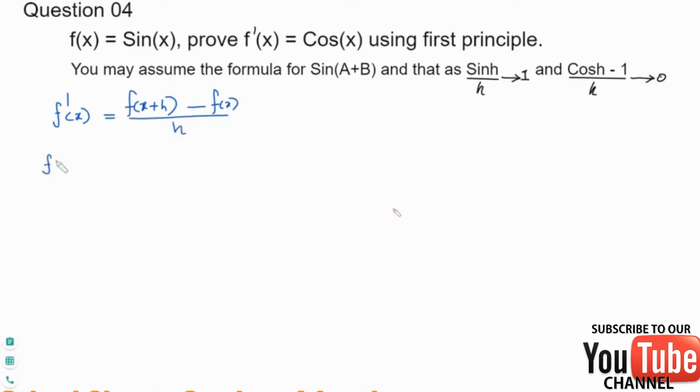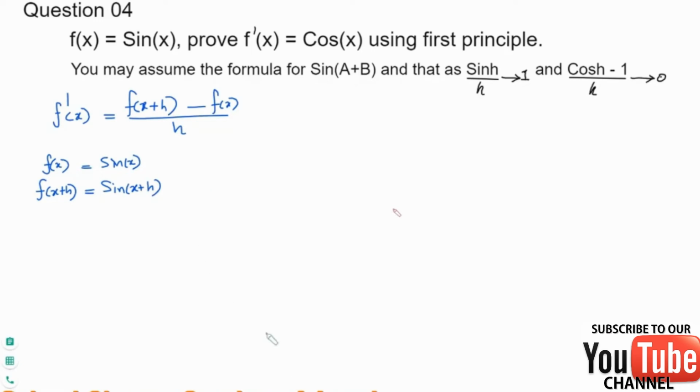Now f of x is sine x. Now you need to understand what is f of x plus h. f of x plus h is sine of x plus h. I hope you understand that, right?